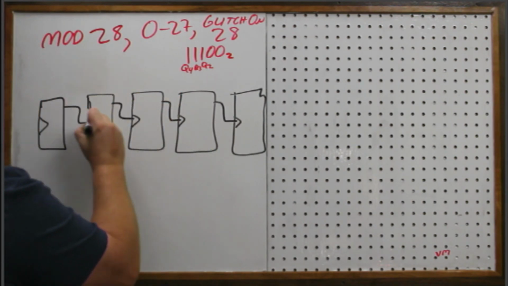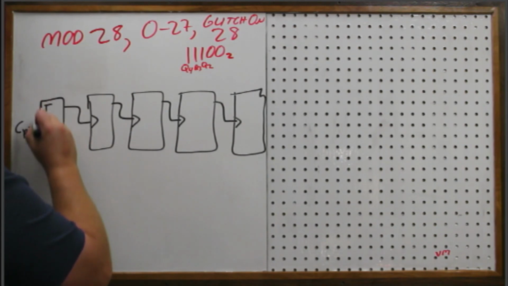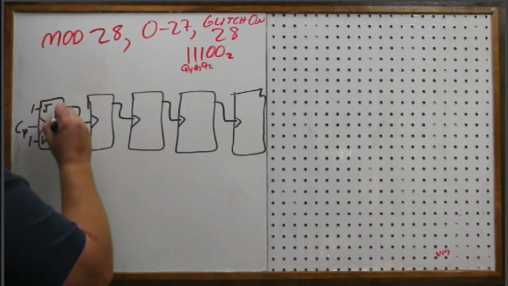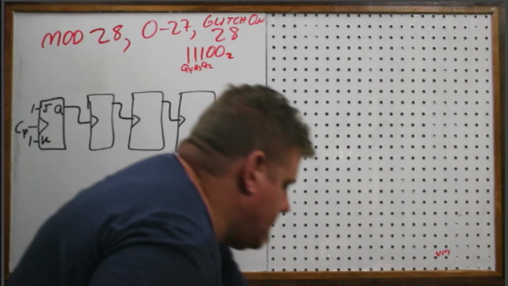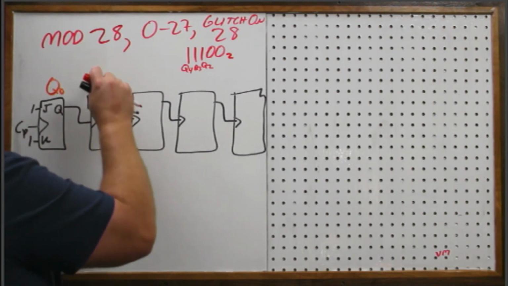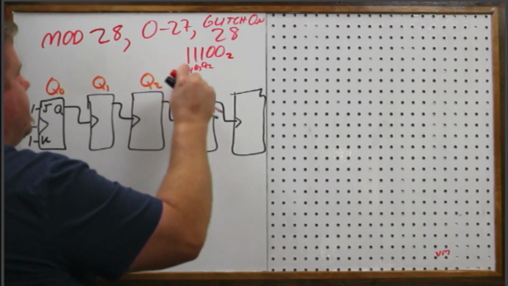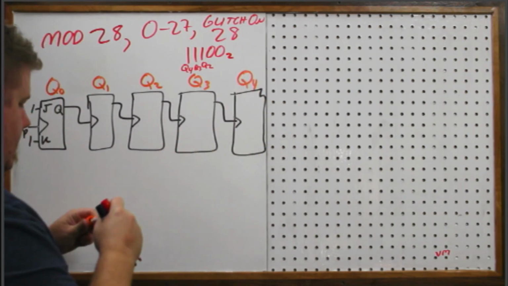This is the habit to get into when I ask you to draw these, so you can do it. So this is Q0, Q1, Q2, Q3, Q4.